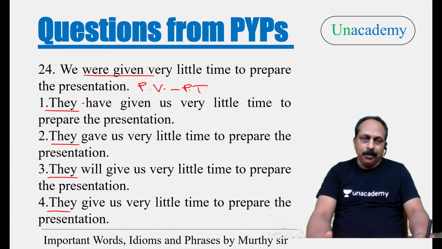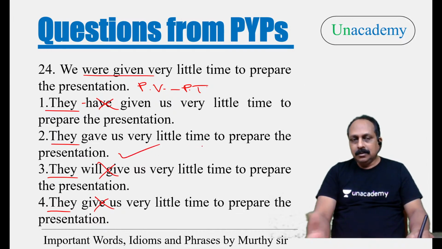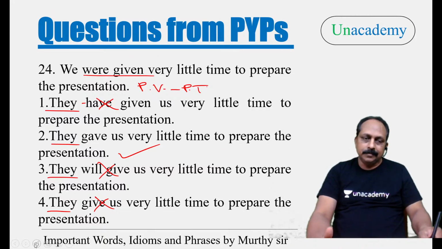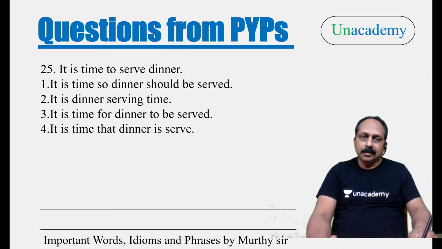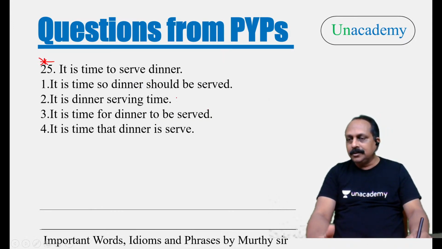Have given present perfect, not correct. Gave us, hold that one. Will give future, not correct. They give us present tense, not correct. So what is the answer? Second option, they gave us very little time to prepare for the presentation. Easy. This is a bit difficult, not that easy, but still you can answer.